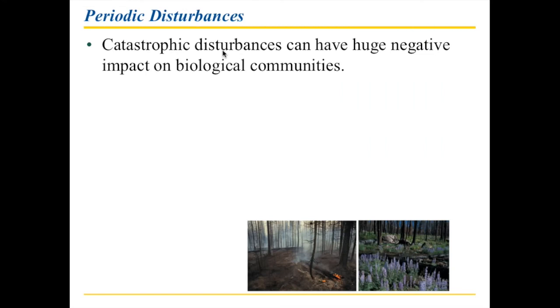Now we do have periodic disturbances that are abiotic, and these are not necessarily something that influences organisms all the time. Sometimes they do and sometimes they don't happen. In general, these are catastrophic in nature, and if there is a catastrophic impact, then obviously that's going to change how the organisms exist.